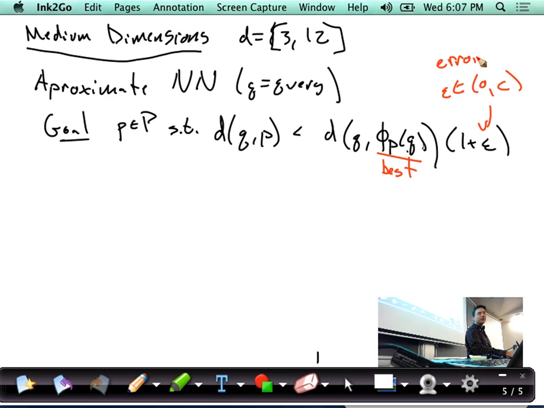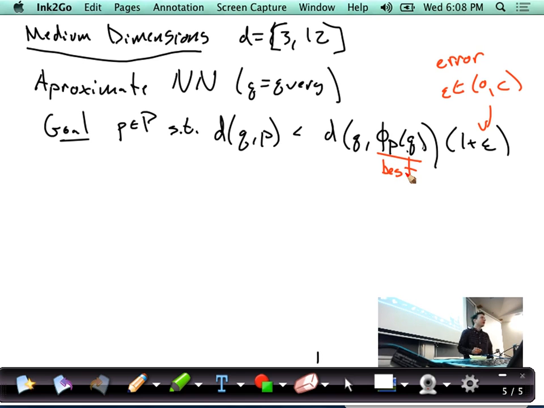So this is some error parameter. If I set epsilon equals to 1, then I get a 2 approximation. So that means I'm going to find some point, and I don't care which point it is, which is not too much further than the closest point.